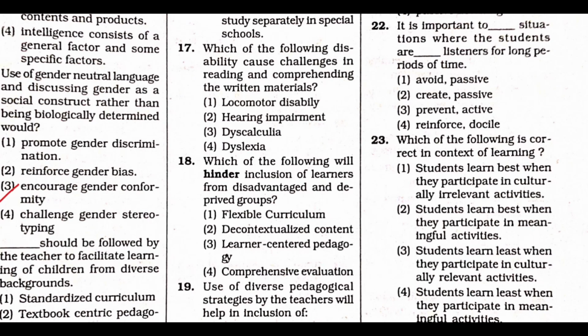So we have sex is a biological construct and gender is a social construct. This is a very important point which you have to remember, that gender is a social construct, not a biological construct, but sex is a biological construct. All right, so in the classroom, we as teachers should promote gender equality, which means we should treat both the boys and girls equally.